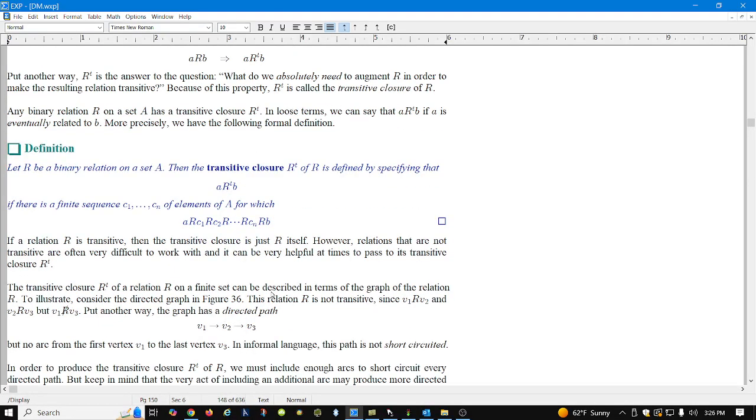If R is already transitive, then its transitive closure is equal to R. Relations that aren't transitive can sometimes be nasty to work with, and so there are many occasions where if you can get away with it, you will work with the transitive closure of R instead of R itself. Then you have nicer behavior, better behavior.